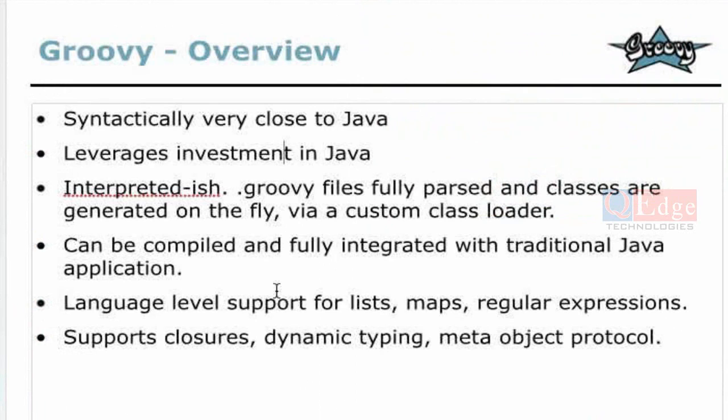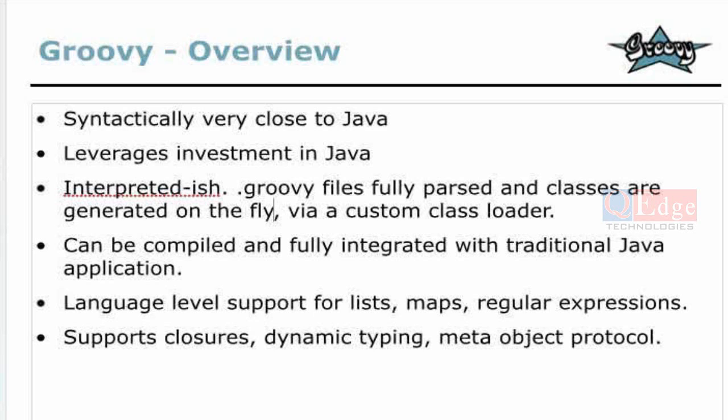On language level support, it has everything, like list, map, and regular expression. Whatever feature we have in Java, it is there. So it is a very comfortable language that supports all kinds of features available in any object-oriented language.